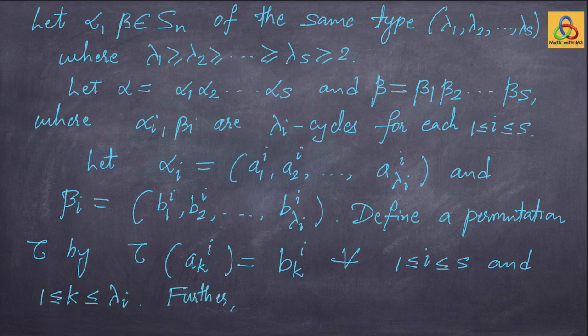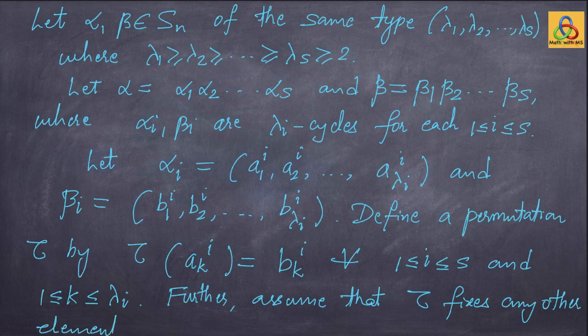Further, assume that tau fixes any other element of the underlying set, which is 1, 2 and so on up to n. Thus tau is clearly a permutation of 1 to n.